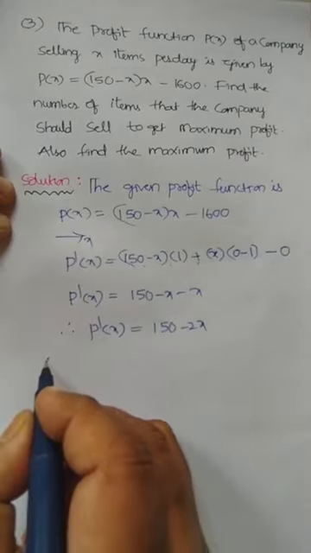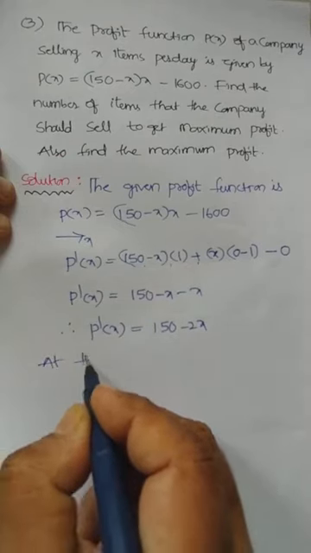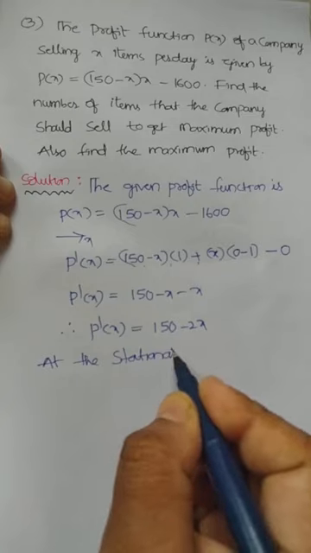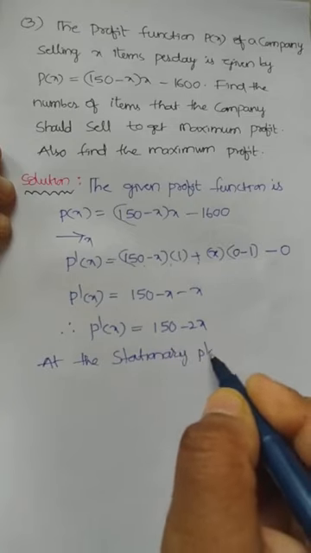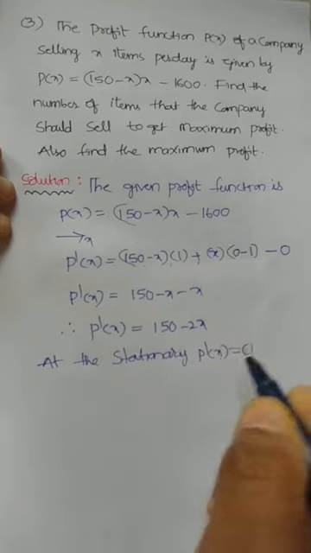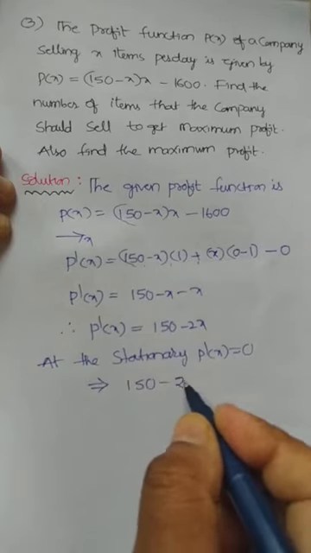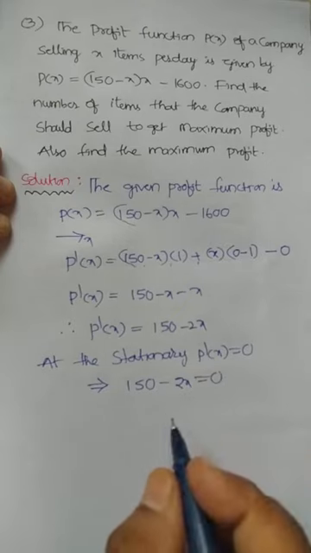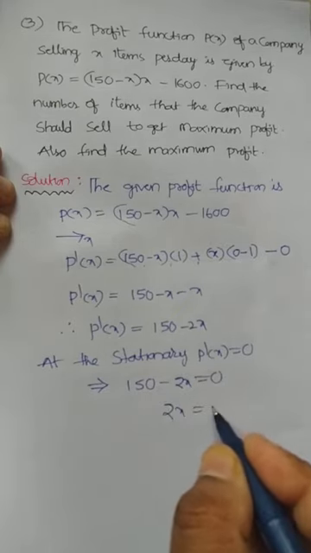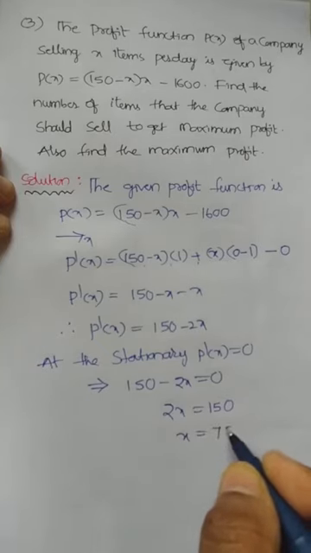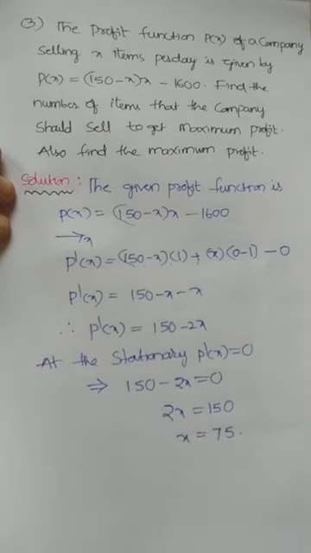At the stationary point, P dash of x must be 0. It implies 150 minus 2x is equal to 0. So 2x is equal to 150, and we got the stationary point x is equal to 75.